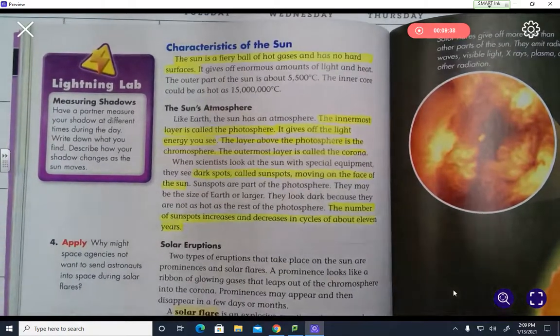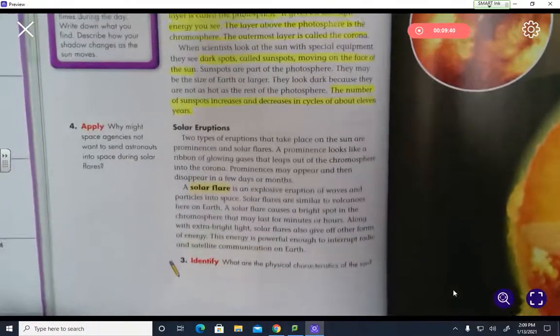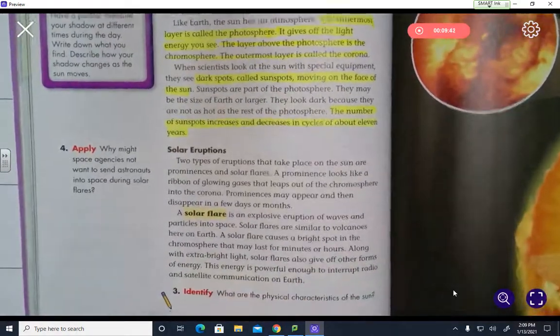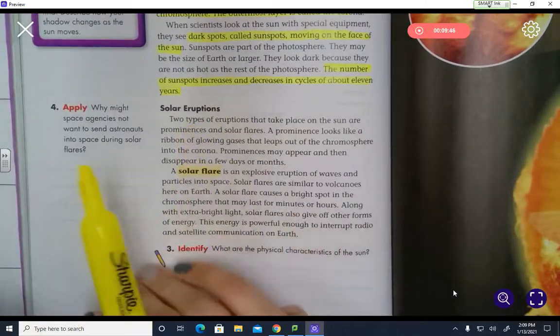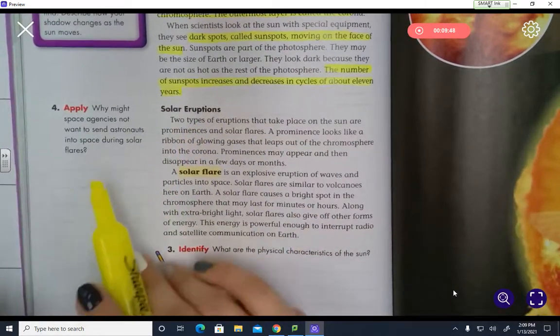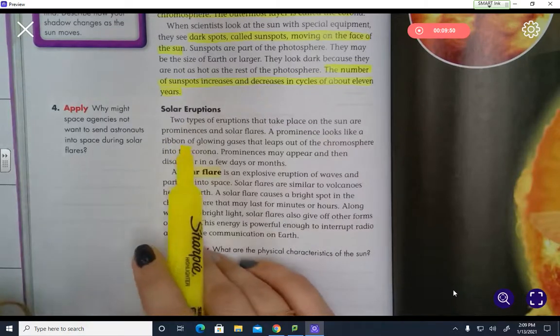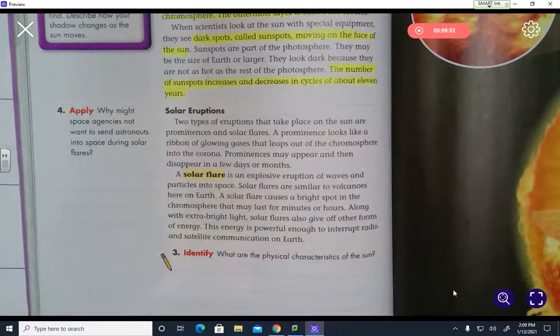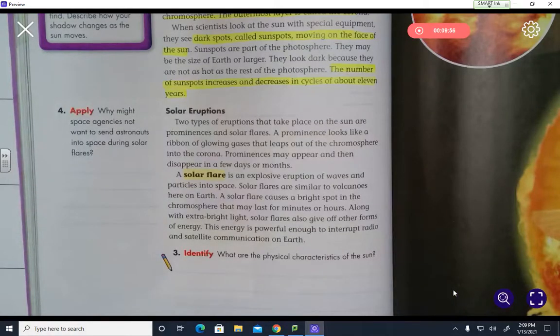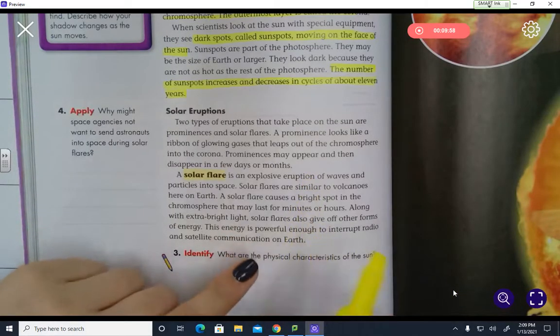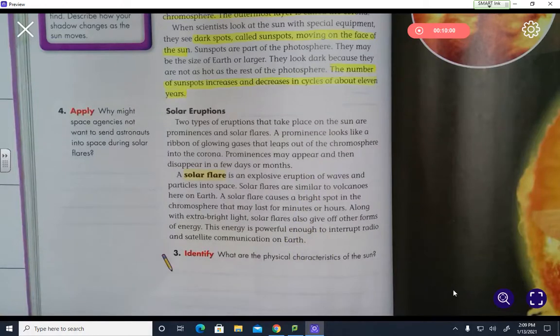Now we're going to talk about solar eruptions. That sounds fun, doesn't it? 2 types of eruptions take place on the sun, sorry guys, are prominences and solar flares.